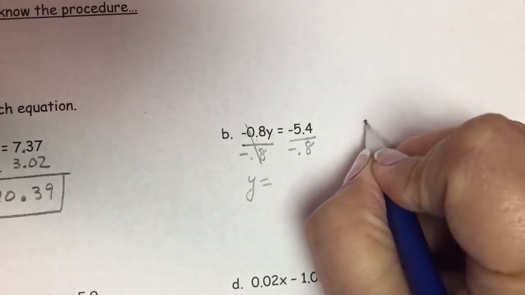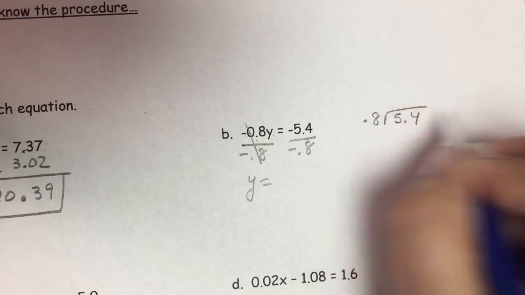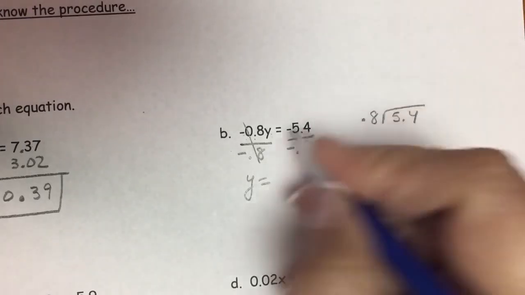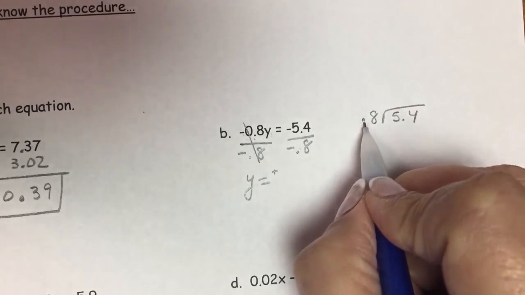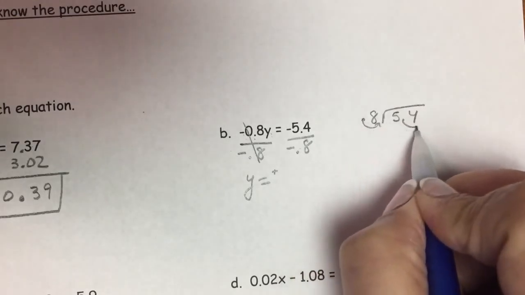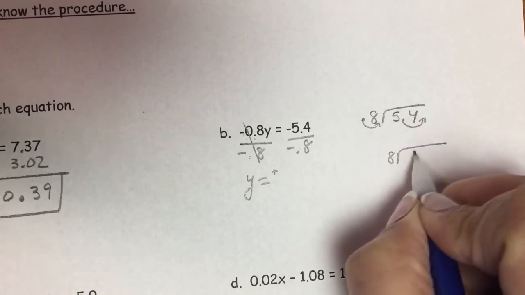So I'm dividing 0.8 into 5.4. I'm not going to deal with the signs. I know I'm dividing a negative by a negative, so I know my answer is going to be positive. Now this one, look, the divisor has a decimal, so I move that over 1, which means I move this over 1. So I like to write a new problem here.